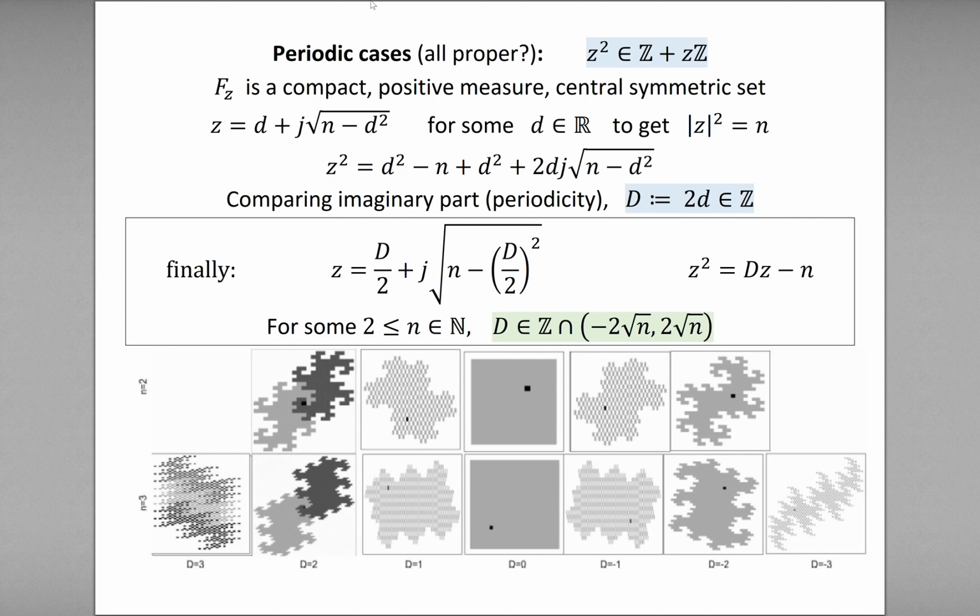Okay, so I call them periodic cases. The criterion used is very simple, and numerically at least seems to work. I wasn't able to prove that it's a complete classification, but the simple criterion is about z square. We have to use this z square as the second digit. So the question is if it fits the lattice made from z and from the previous digit.